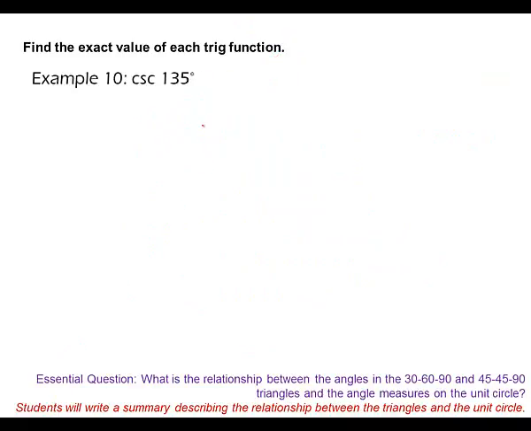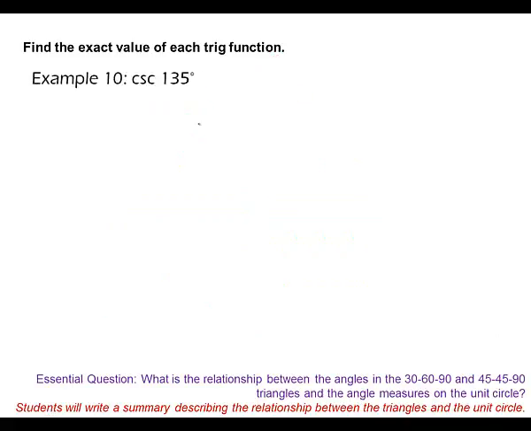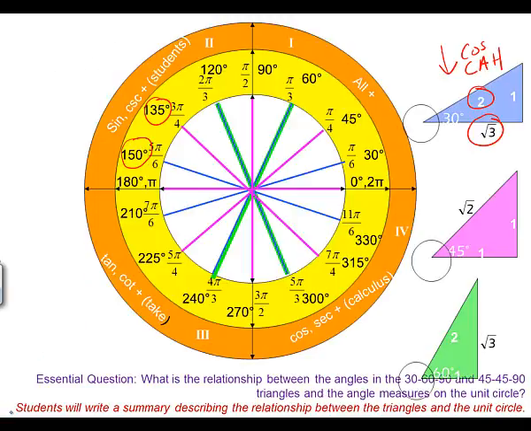Okay. Cosecant of 135. So what quadrant is 135 in? Quadrant 2. In quadrant 2 is cosecant positive or negative? Positive. So I'm going to write that down, even though it's not necessary, so that it kind of checks it off the box. I've double checked the sign already. 135, what color is it?